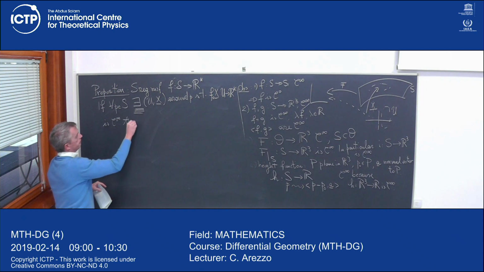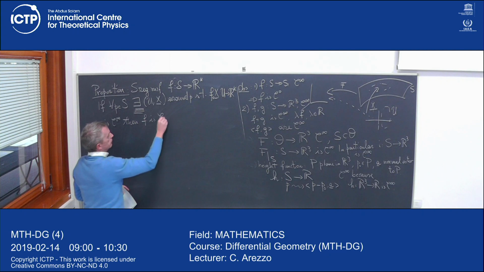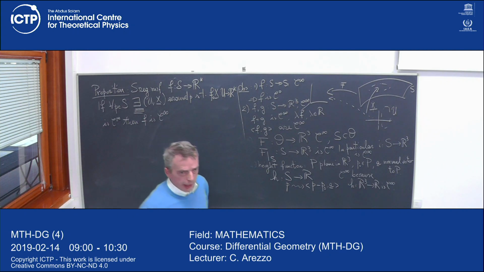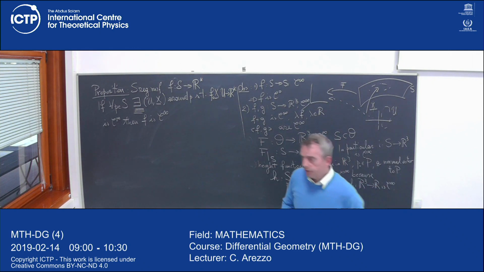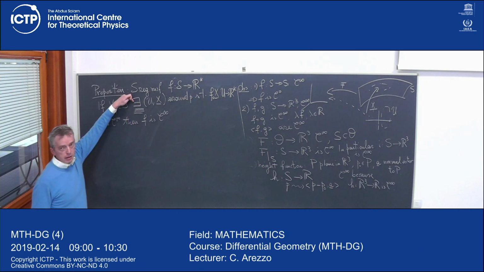then F is smooth. Okay, this is the little miracle. What is the difference from the definition? The definition is here. It's only here. Before, in the definition, you had for every. And now we pass to there exists one.